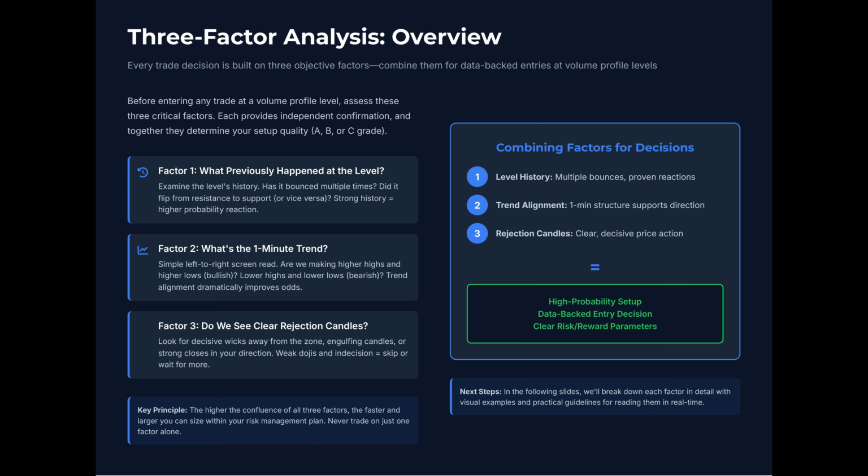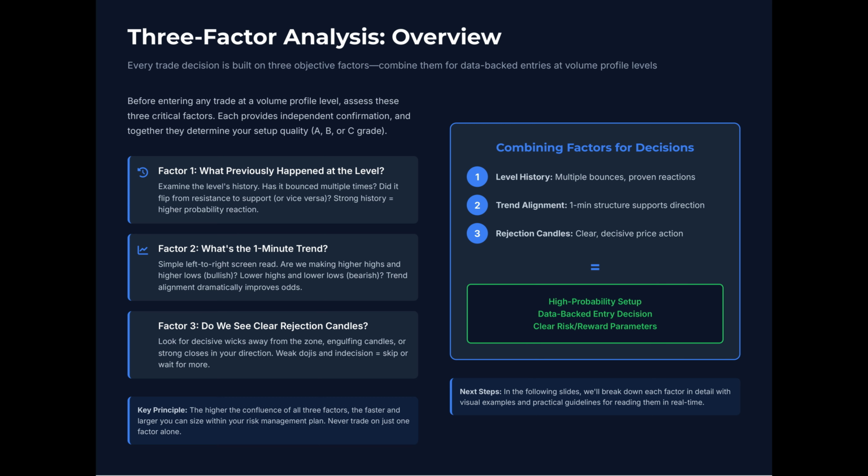Factor 3, rejection. Price touches the level and prints a small inside bar with tiny wicks, no conviction. Score, 0 points. Total, 0 out of 6. C-grade. You skip this setup entirely without hesitation. Same level, same time of day, completely different evaluation based on objective criteria. This is the power of systematic analysis.